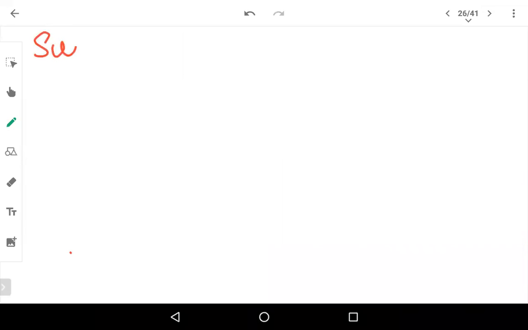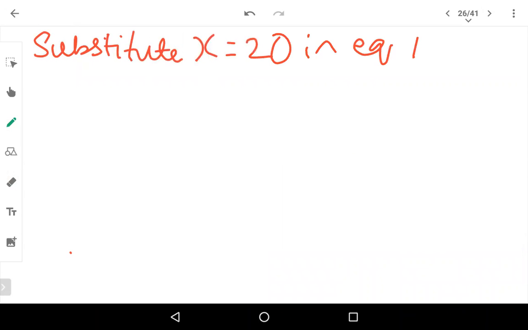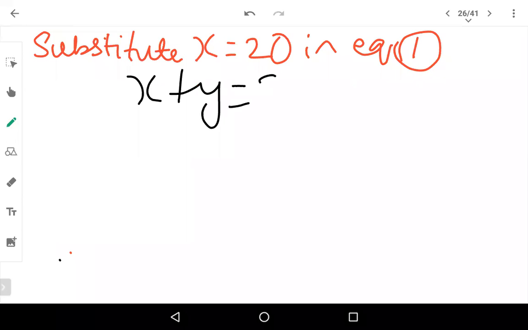I'll substitute x is equal to 20 in equation 1. So what is equation 1? Equation 1 is x plus y is equal to 30. So 20 plus y is equal to 30.